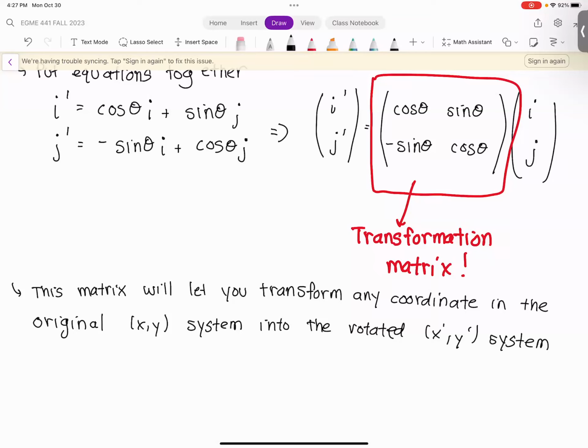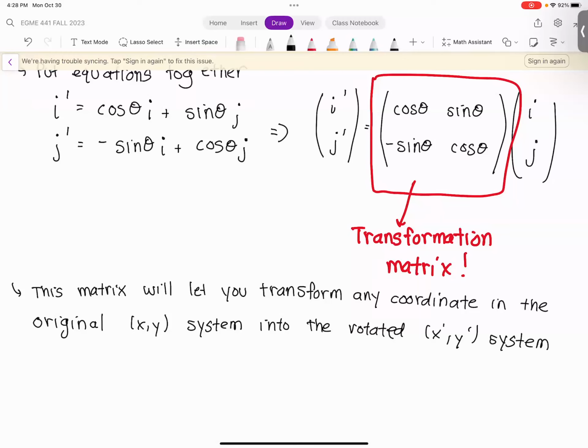The way this works is that, instead of I and J on the right-hand side, you would plug in the coordinates of the original point in the original system, and then you just multiply it by this matrix. After multiplying, you're again going to get a 2x1 vector, but that vector is going to be of the new coordinates.